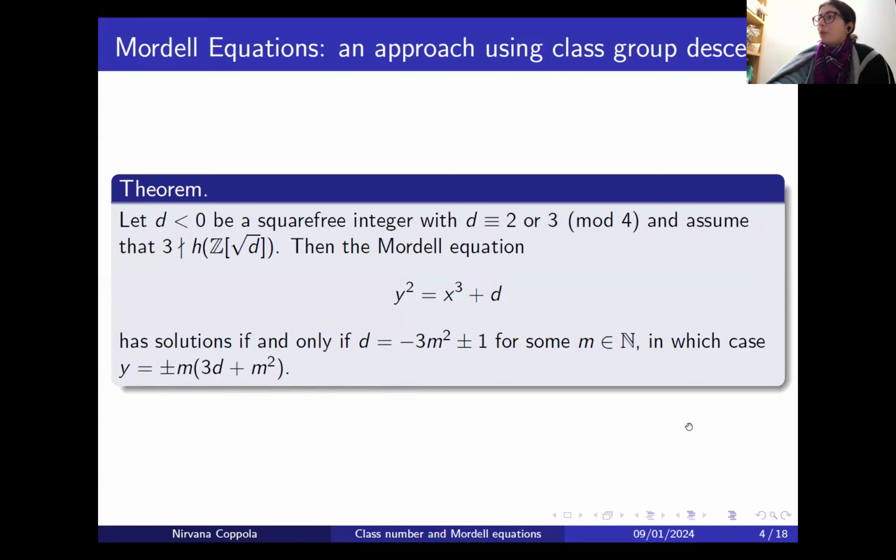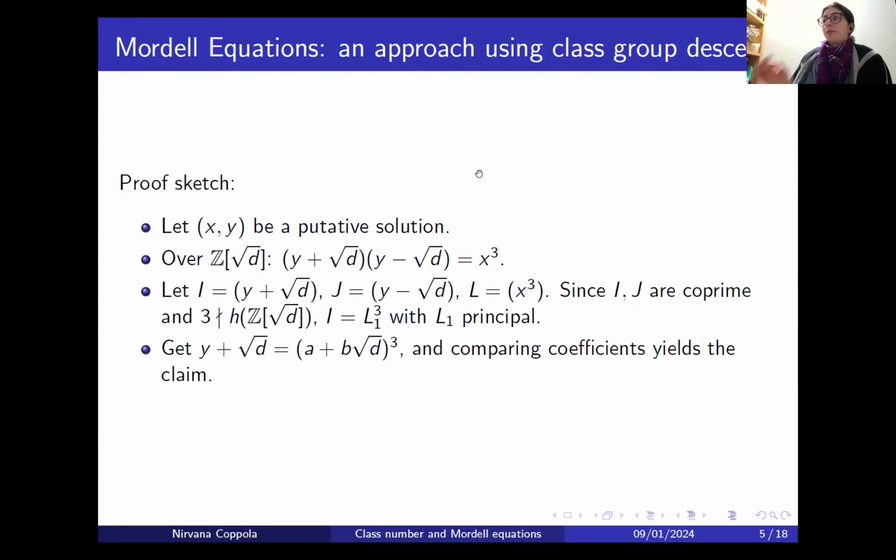Let me say just a few words about the sketch of the proof that we implemented. We start with a putative solution. The idea is to use descent: let's assume that there is a solution, let's find a smaller one, and then either we find a contradiction or we find some conditions on the solutions. What we would like to do is to factor.